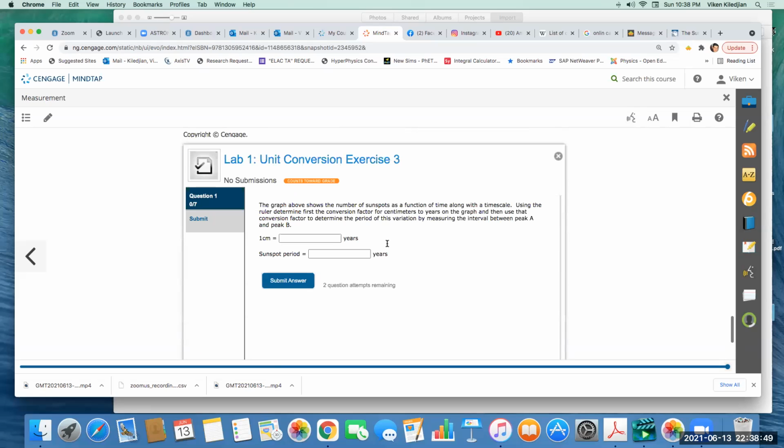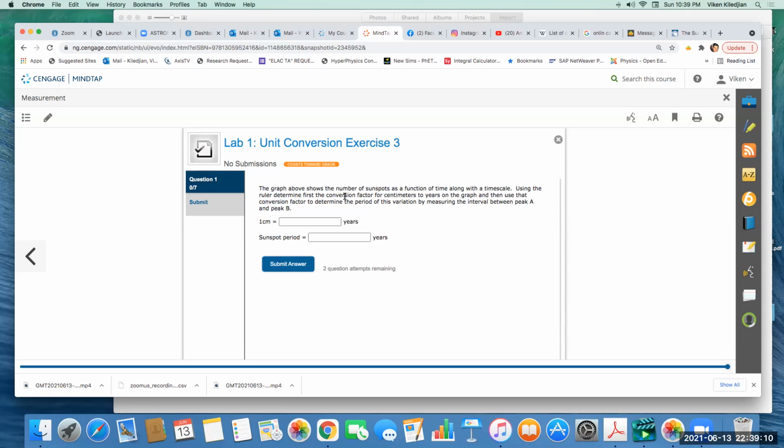The graph above shows the number of sunspots as a function of time along with the time scale. Using the ruler, determine first the conversion factor for centimeters to years on the graph, and then use that conversion factor to determine the period of this variation by measuring the interval between peaks A and B. So it's actually just seeing if you did it right, essentially.